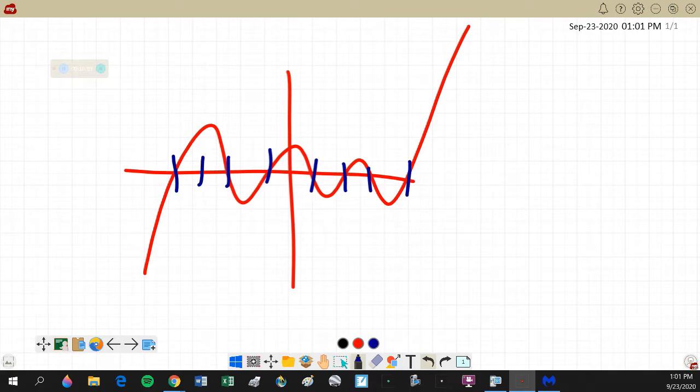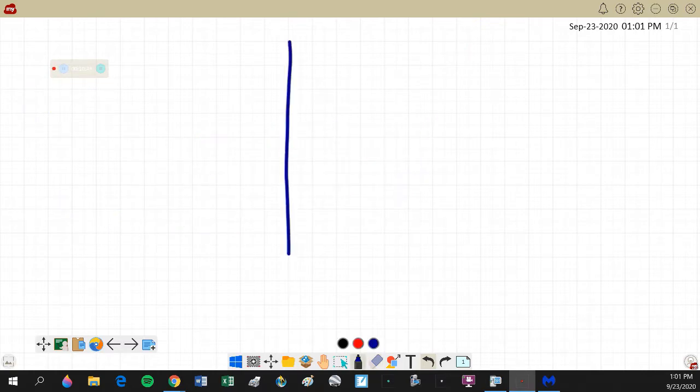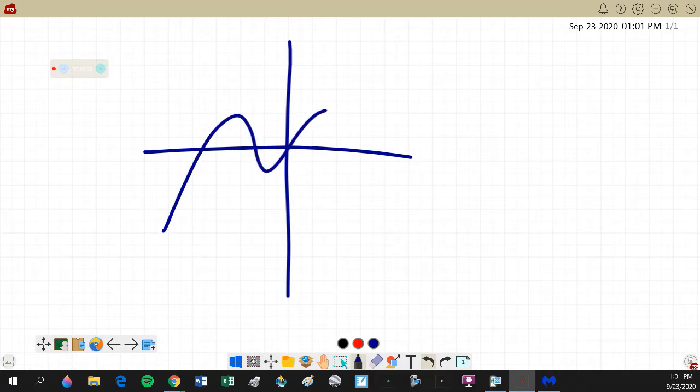What is the equation for that? x plus 4, x. So x is equal to -4, -2, -1, 1, 2, 3, and 4. Actually, I don't like that one. Let's do a different one. There we go. I like this one better.